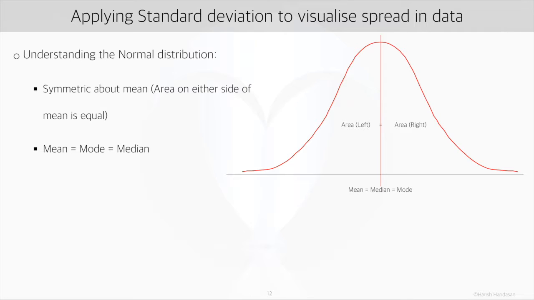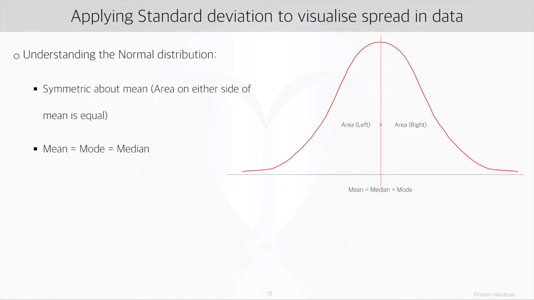In case of this normal distribution, mean, mode and median are always going to be the same. Mean obviously because it's the average and it is going to occupy the center of the curve. What is mode? It is the number occurring maximum times or with highest frequency in a set. So obviously the point at the center will be occurring maximum times.